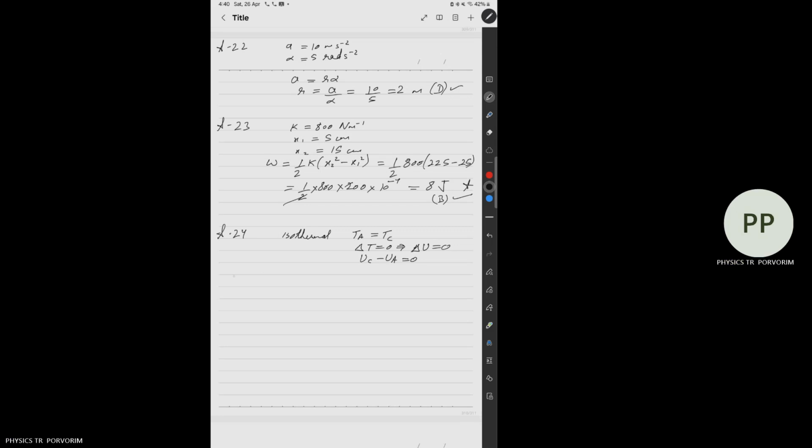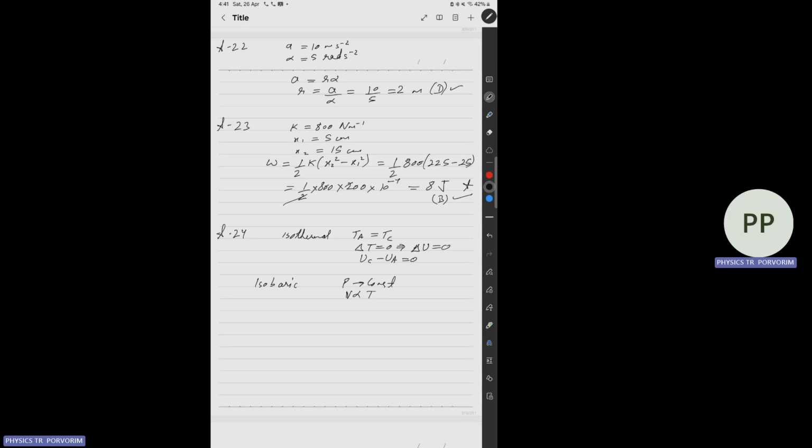Now, for the first, isobaric. Isobaric is constant pressure. In isobaric, delta U is given by n Cv delta T. Since pressure is constant, V is directly proportional to temperature.